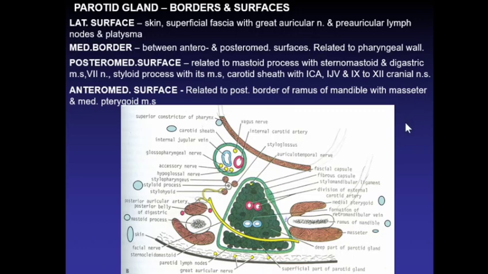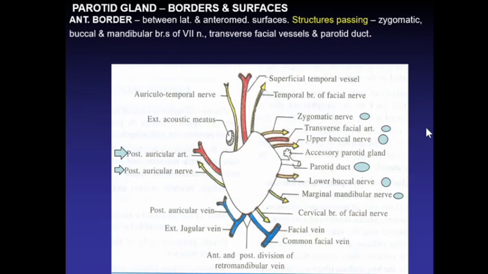Now we'll see the borders of the parotid gland. The anterior border, towards the left side, lies between the lateral and anteromedial surfaces. Structures passing are the zygomatic, buccal and mandibular branches of the 7th cranial nerve, then the transverse facial vessels and the parotid duct.